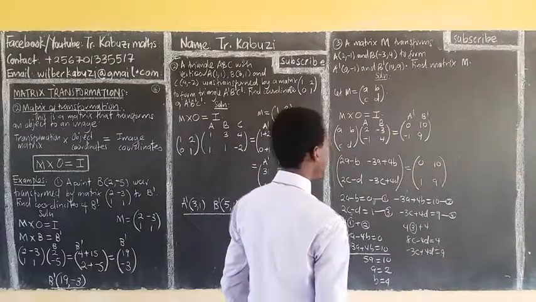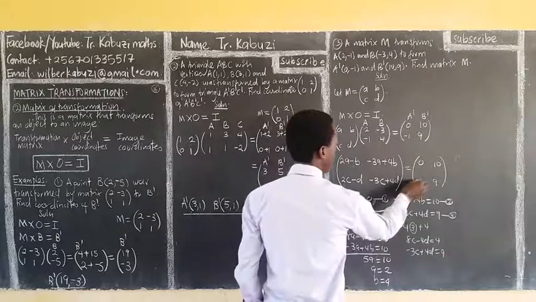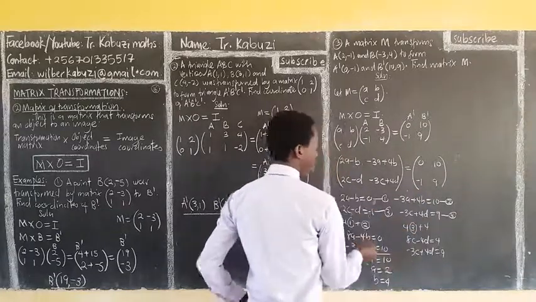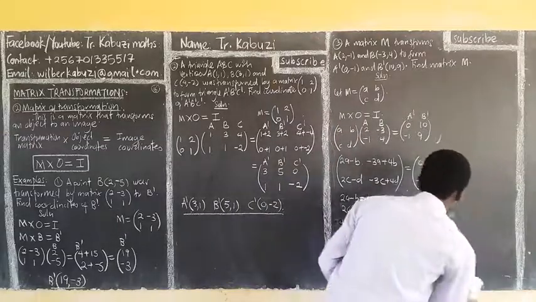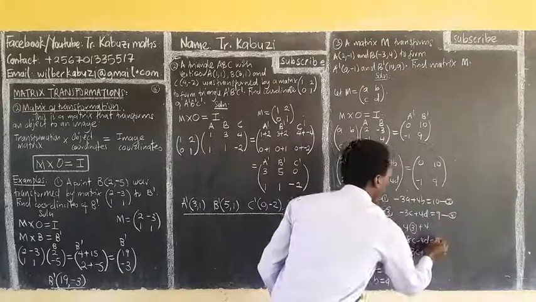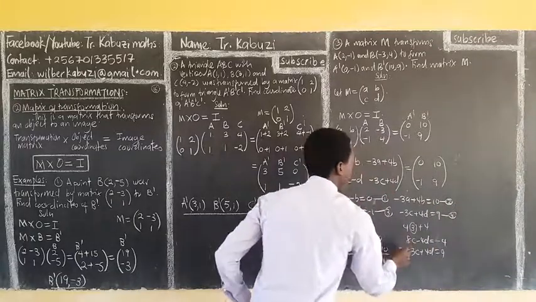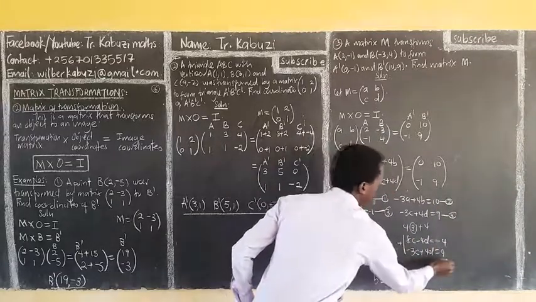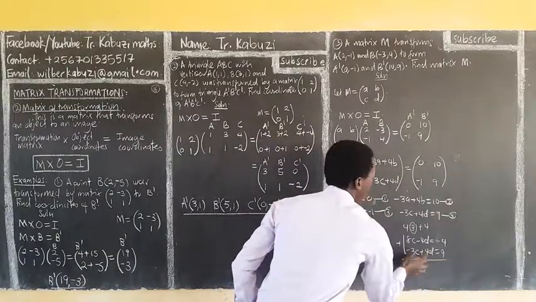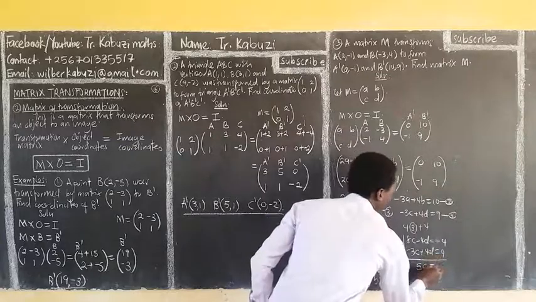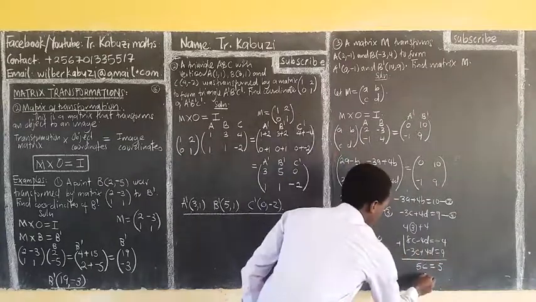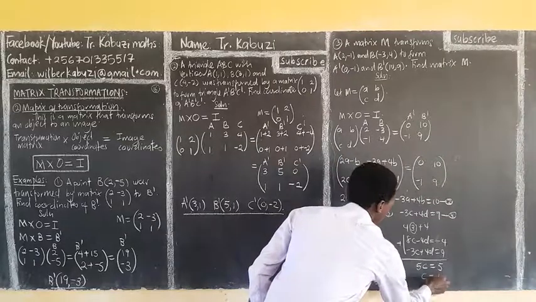So when we add these two, I'll be having 5C. Then the D terms will go to 0. Negative 4 plus 9 gets 5. And so your C is going to be 1.